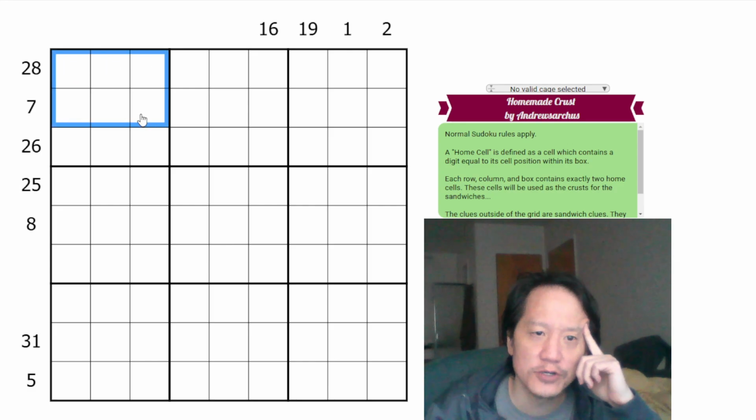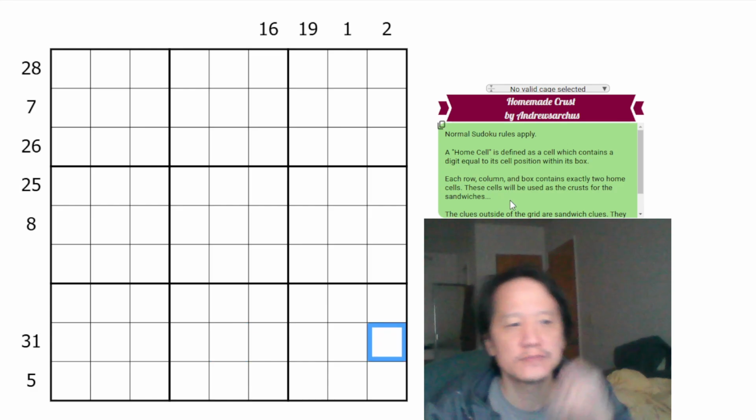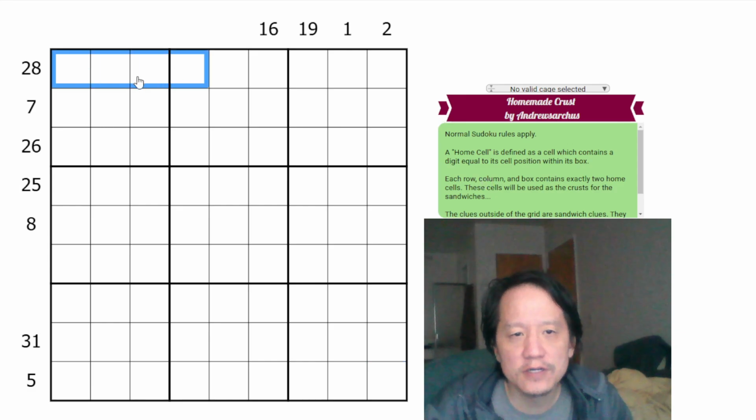Boxes are usually numbered this way: this is 1, this box is 2, this box is 3, then 4, 5, 6, 7, 8, and 9. So I would assume that the cells work the same way.